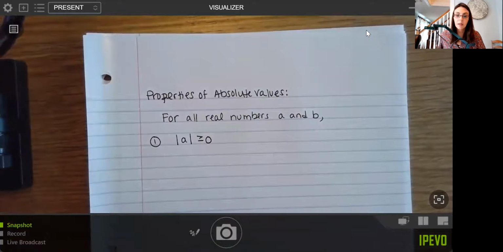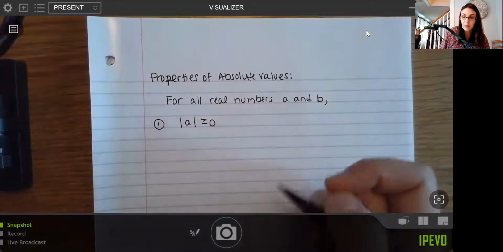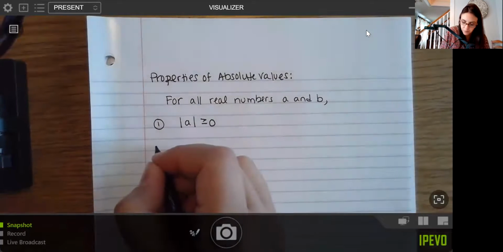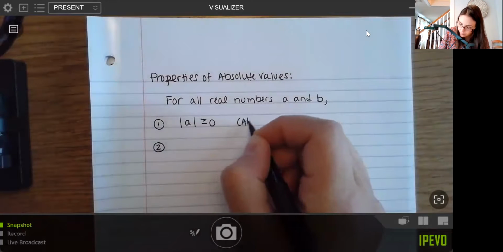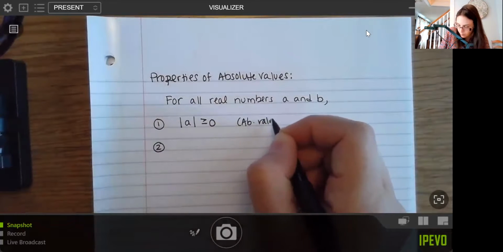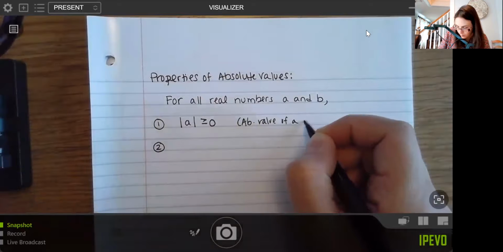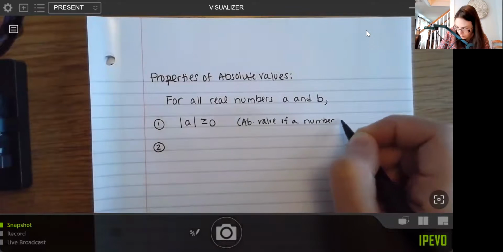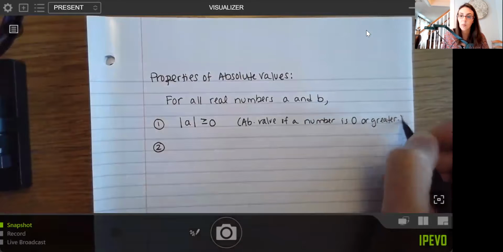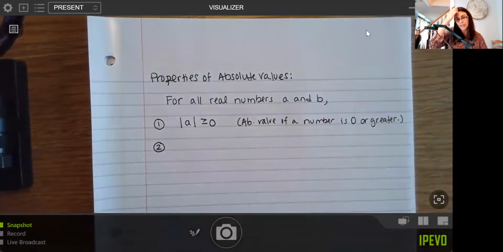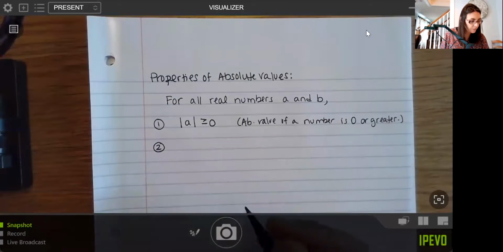So 0 at the smallest, but it is always positive. And we've talked about that. I'm just going to write that in words. The absolute value of a number is 0 or greater.